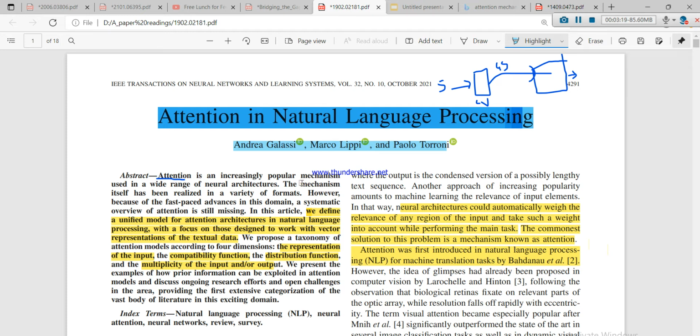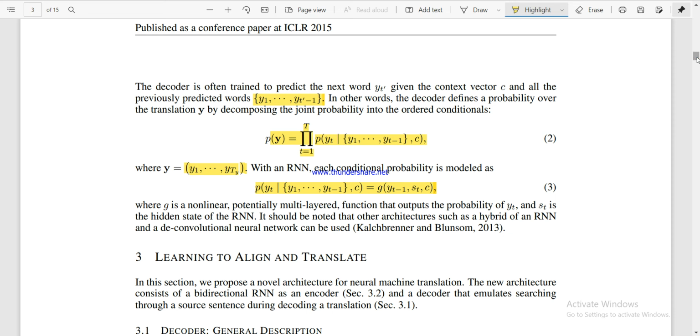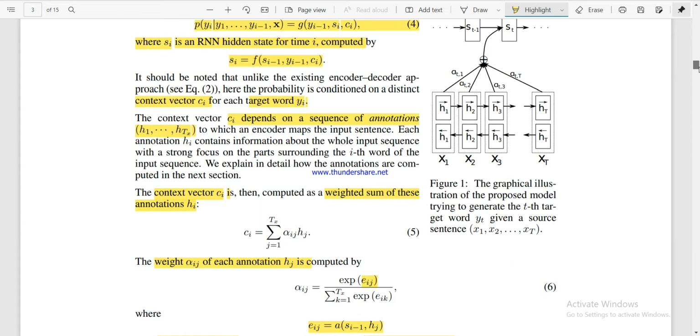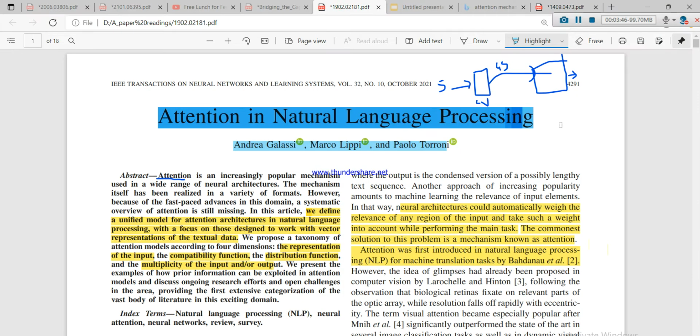Here they have used the previous model from the neural machine translation paper: the same encoder-decoder, the context vector concept, and the general encoder model. All of this they have taken from it. Over the previous paper, they have proposed some new things.